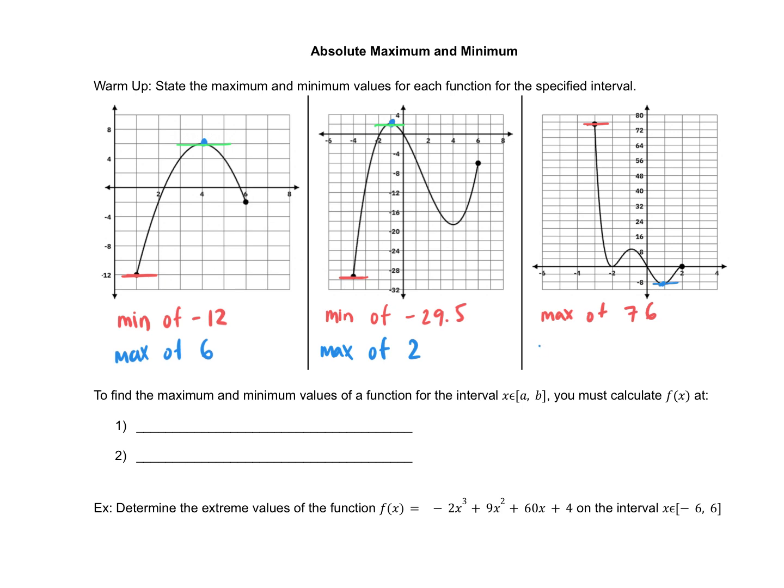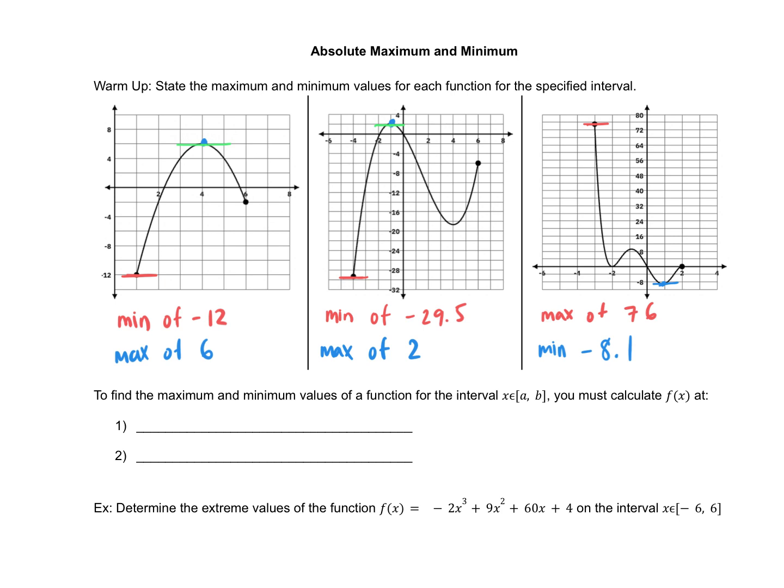Tangent line's horizontal there. We have a minimum of, I'll just say -8.1 because it's not quite at -8. So you'll see sometimes your max or your min will be at a point where the direction changes. And sometimes your max and min will be at the end point for a specified interval.